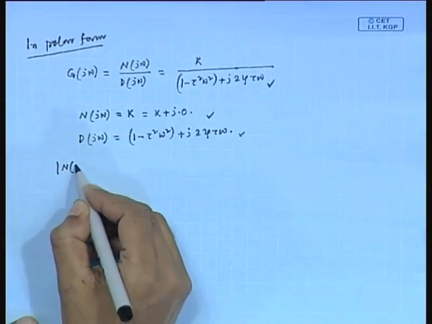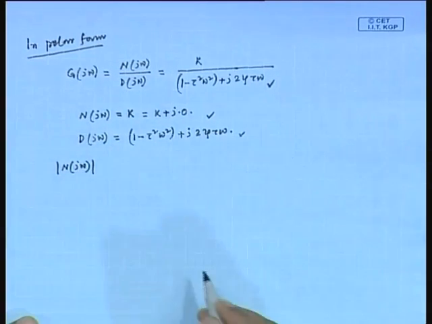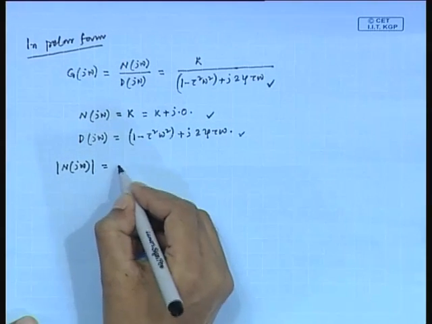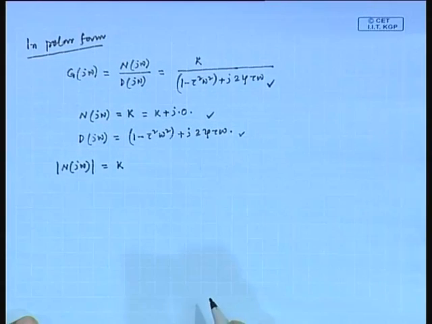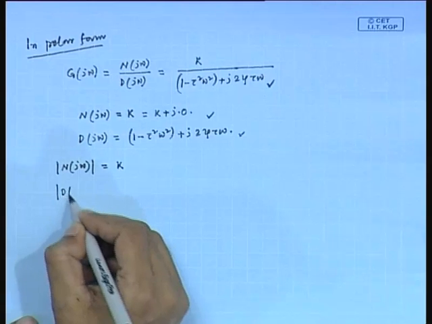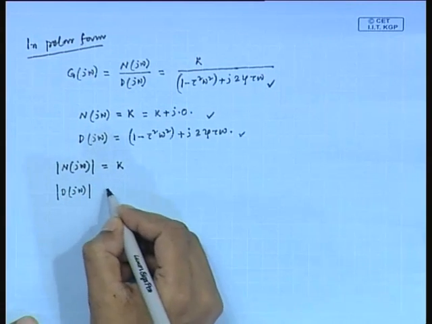Now, what is the amplitude of this numerator term? Amplitude is k. What is the amplitude of denominator term?